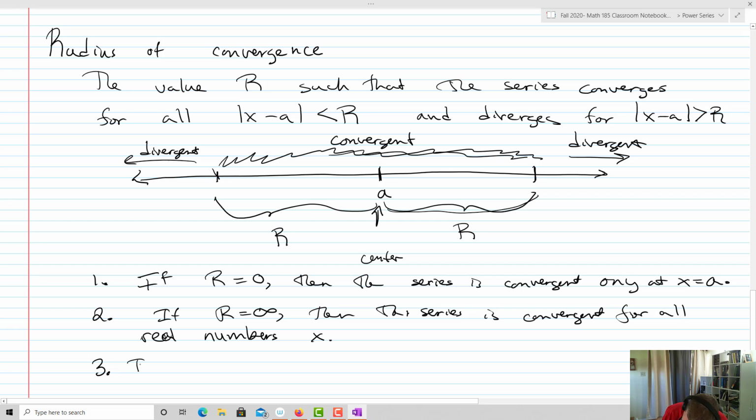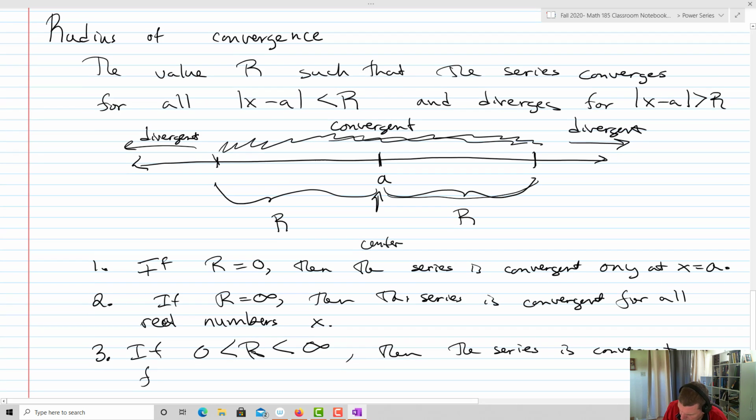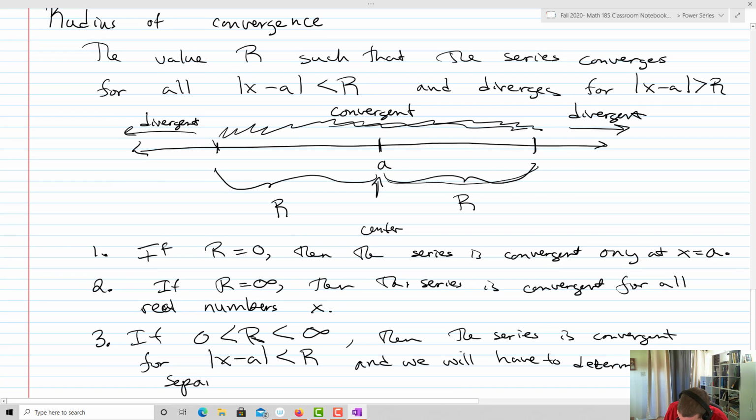So if r is greater than 0 and less than infinity, then the series is convergent for absolute value of x minus a less than r, and we will have to determine separately if the series is convergent for absolute value of x minus a equal to r.